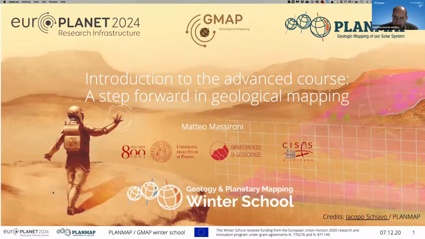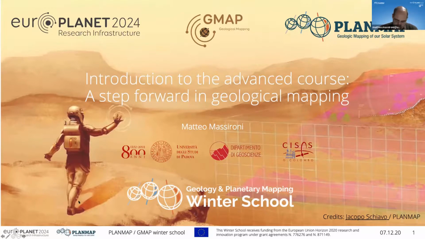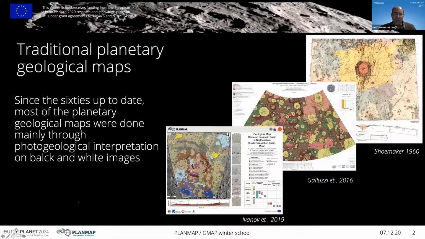As you have seen during the basic part of our school, most of the geological mapping that you have done is based on black and white images with some additional information from DTMs.